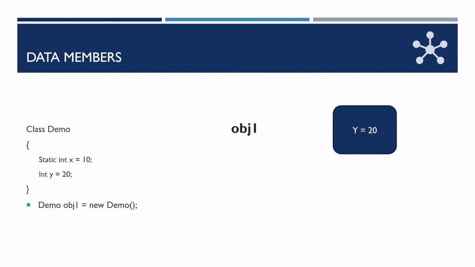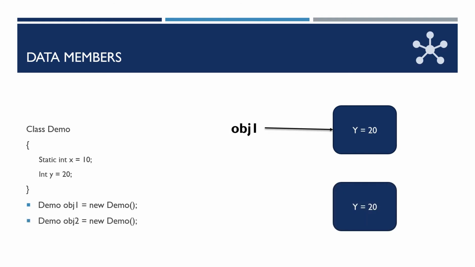So obj1 will be assigned that particular memory reference. Then I'm creating a second object, and a second memory is created with instance member y, and obj2 is assigned that memory reference.